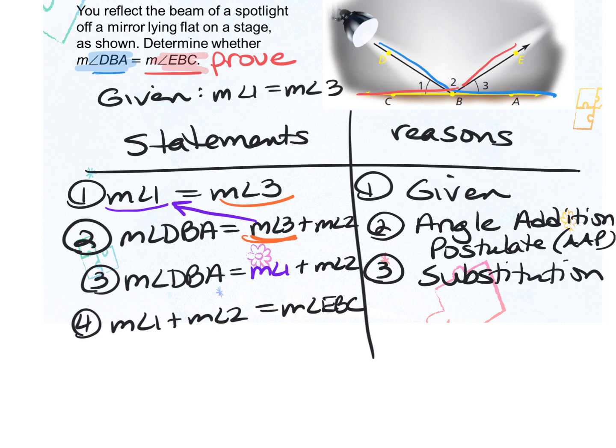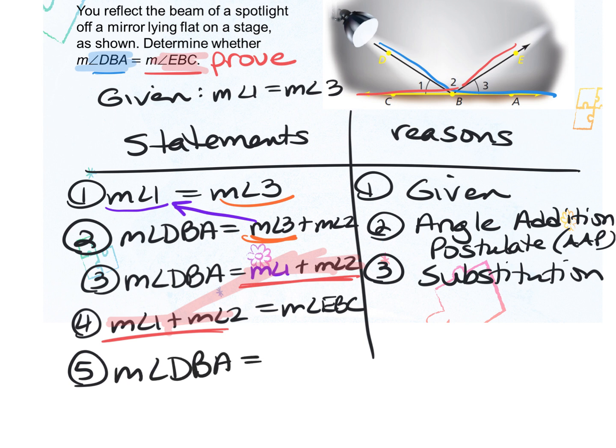And now what I can do is, because this is the same as this, I can use my transitive property. This overlap cancels, and since they both equal the same thing, I can now say that the measure of DBA equals the measure of EBC by using my transitive property.